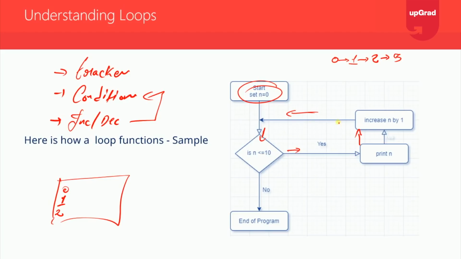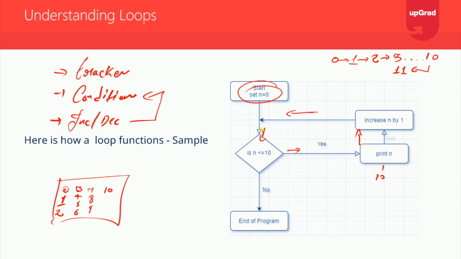In this execution, I want you to feel the circular execution. If you follow the arrow, you will find that it is a circular execution. It will keep on printing the numbers till the time n is less than or equal to 10. Let us suppose that print n prints 10, and then we follow the step, increase n by 1, so n becomes 11.